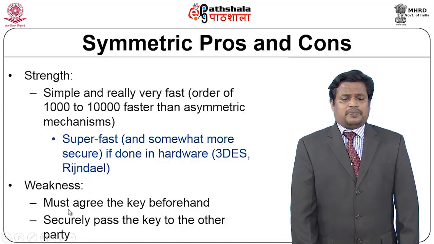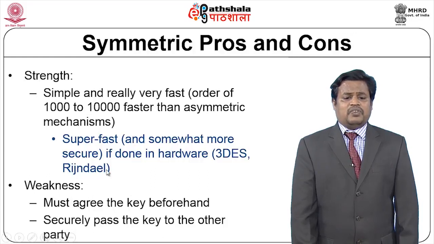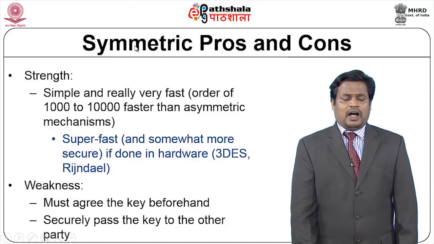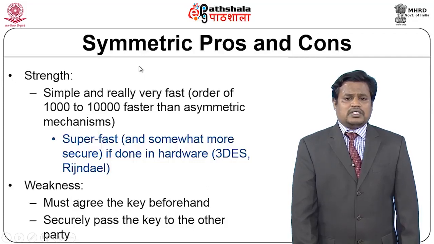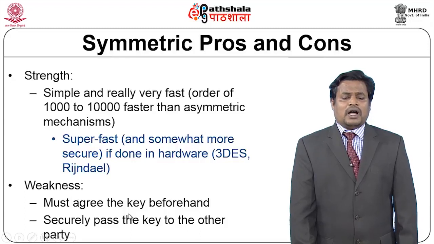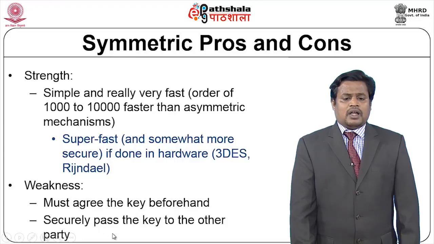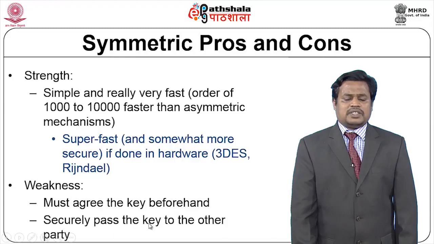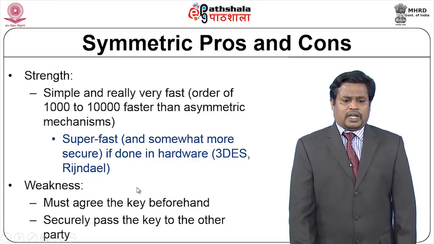The weakness is that the key must be agreed beforehand. It's very difficult in the case of symmetric key, because we cannot expect all people to have a secure connection with us. Suppose I want to send data to person X or Y, and I don't know where he is located. It is very difficult for me to agree on the key beforehand, and securely passing the key to the other party is also one of the challenges of symmetric key.